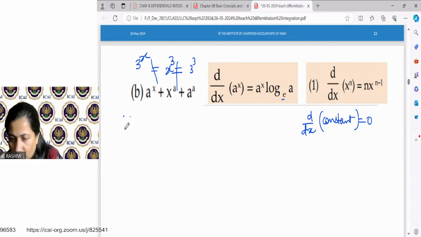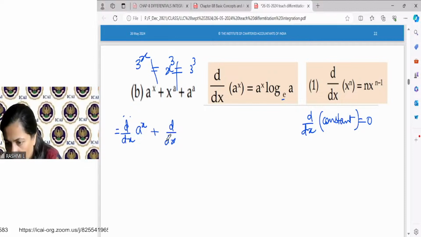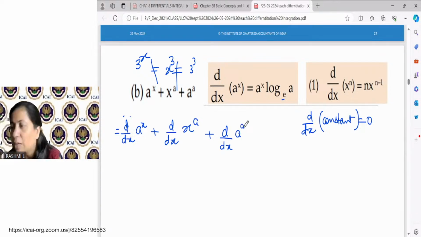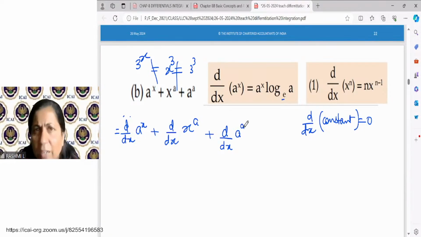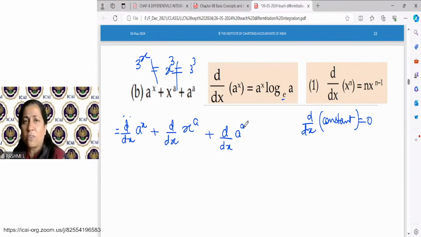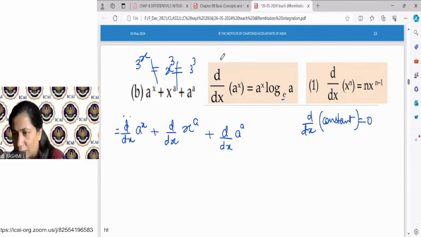So this is equal to d/dx of a raised to x plus d/dx of x raised to a plus d/dx of a raised to a. Whenever you are in any doubt, instead of a, instead of n, write some number and see how it looks, and then you'll remember which formula it is. This is equal to what?